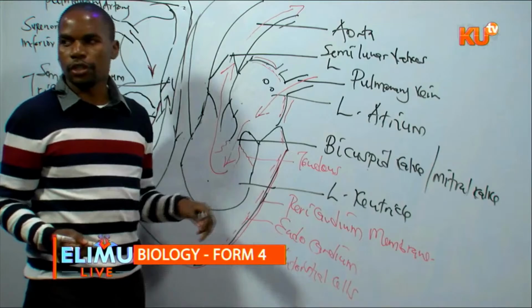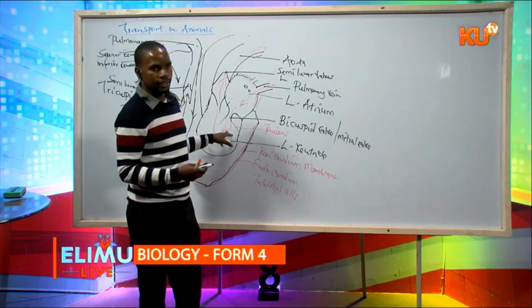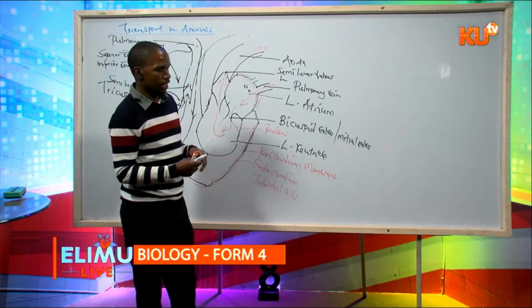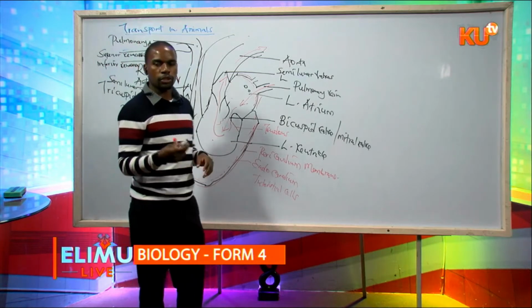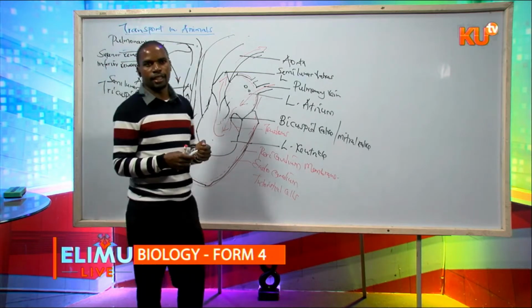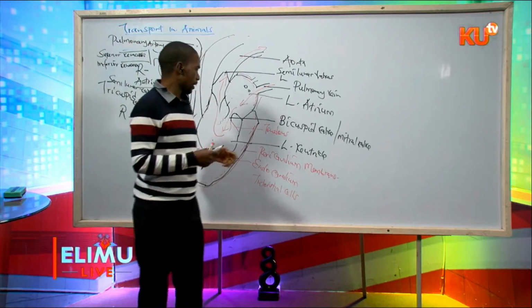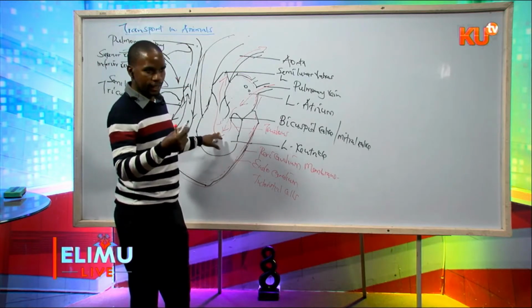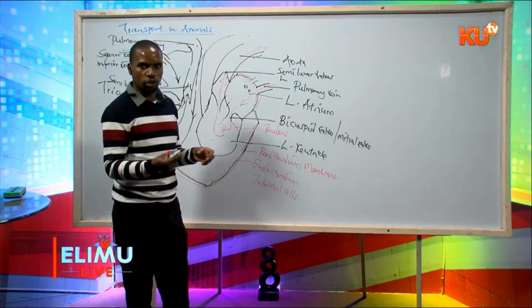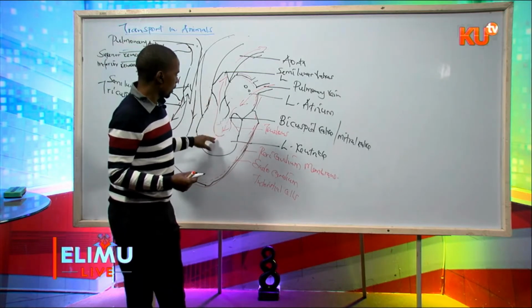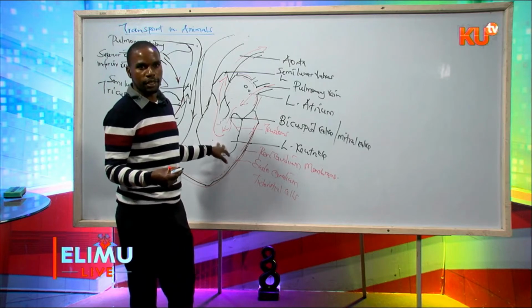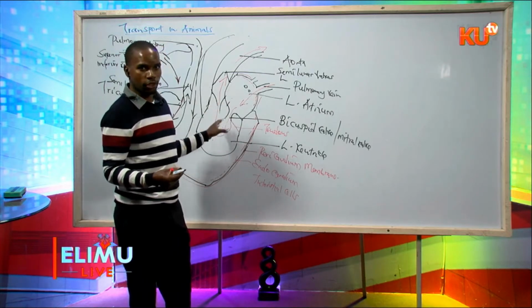One thing you have to notice is that the heart itself has its own muscles. That's why it is known as myogenic. Myogenic meaning it can relax and contract using its own muscles. It does not require nerve stimulation for it to contract or relax.